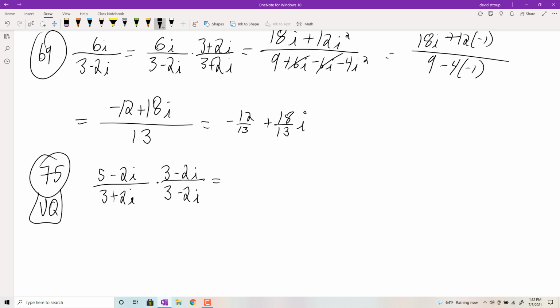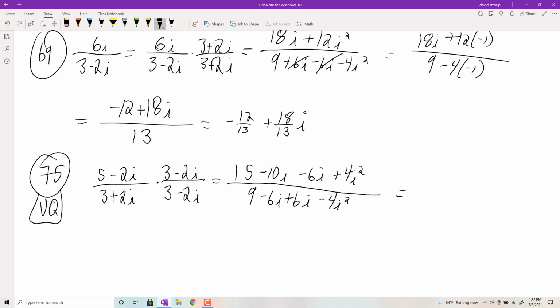In the numerator, I got to FOIL. So first, 15, outer, negative 10i, inner, negative 6i, and last, plus 4i squared. All over first, 9, outer, minus 6i, inner, plus 6i, last, minus 4i squared.